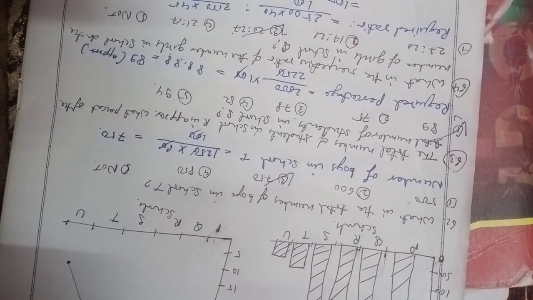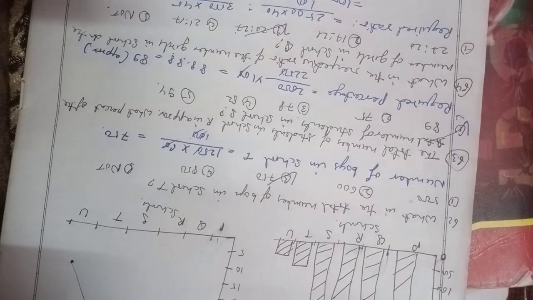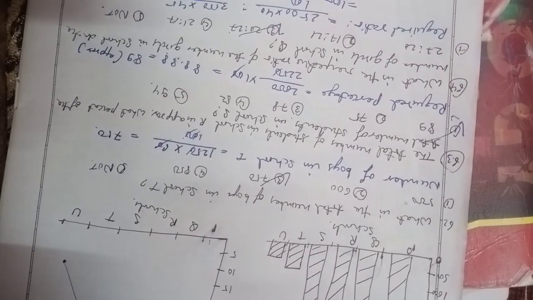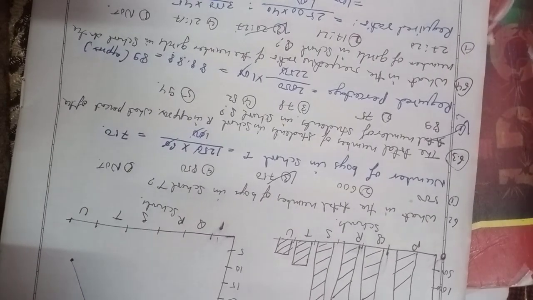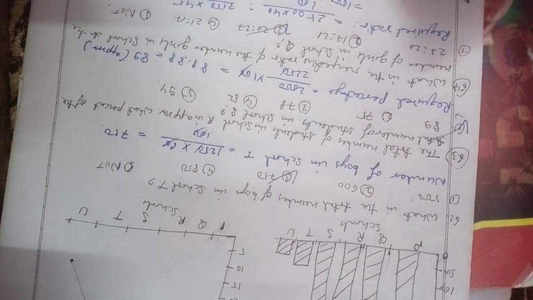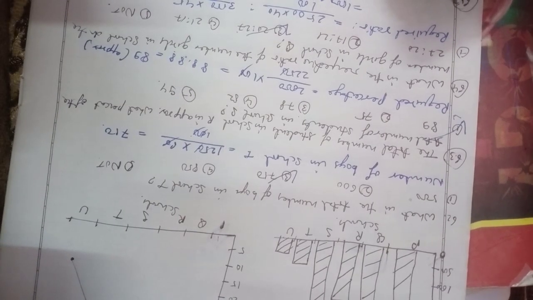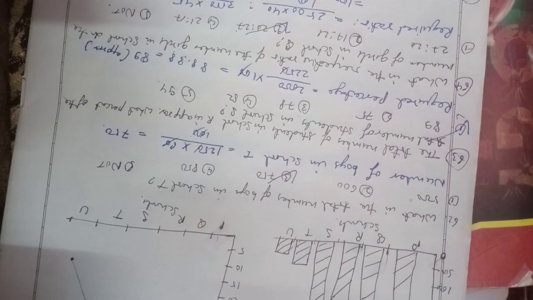Next question is the 65th question of the session. What is the total percent of boys in school R and U together? You have to round off to 2 digits after the decimal. Let's go for the same here itself.